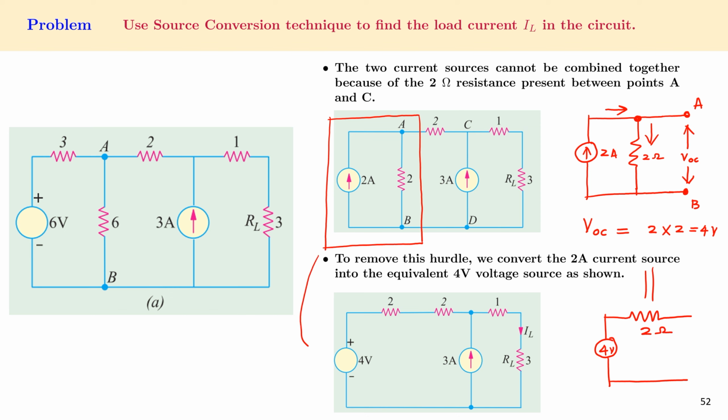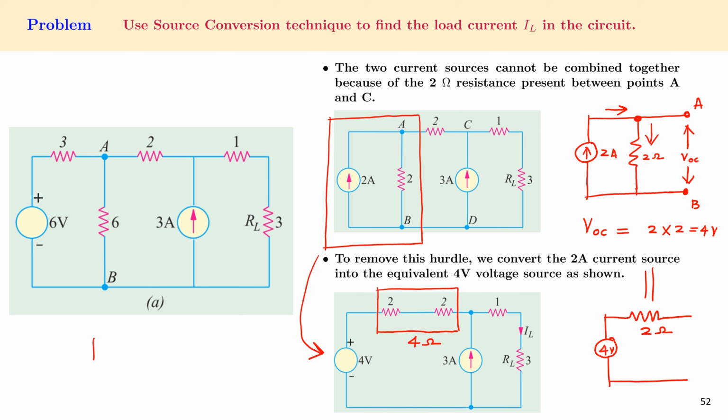So that has been done in this figure, where the 2 ampere current source with a parallel resistor of 2 ohms has been replaced by a 4 volt voltage source in series with a 2 ohm resistor. Now we see that these two resistors are in series and can be added, further simplifying the circuit. When they add, the total resistance will be 4 ohms.